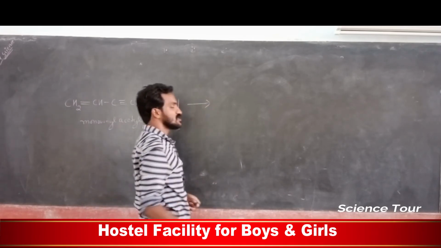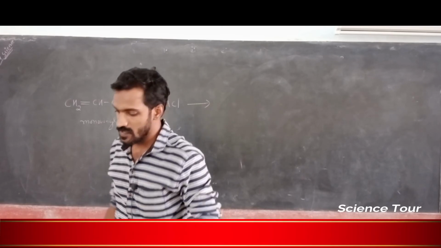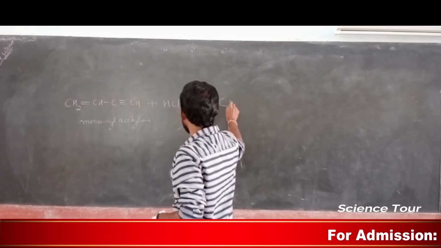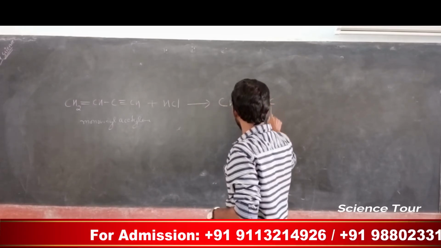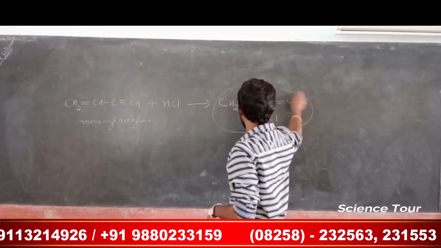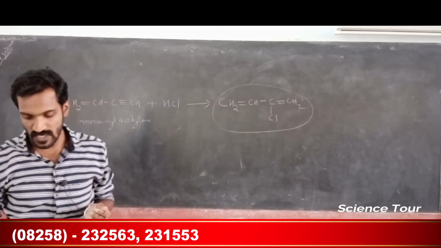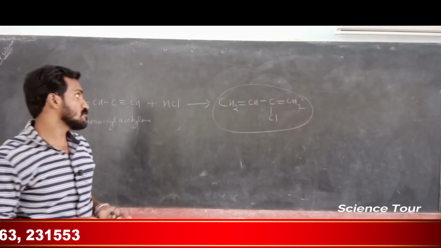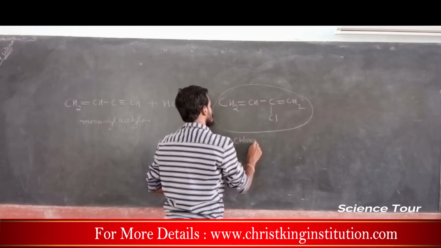It gives chloroprene. Chloroprene is a unit used, that I will show you, my dear students. This unit is called chloroprene. This chloroprene unit is used to produce neoprene. Neoprene means synthetic rubber. This is chloroprene.